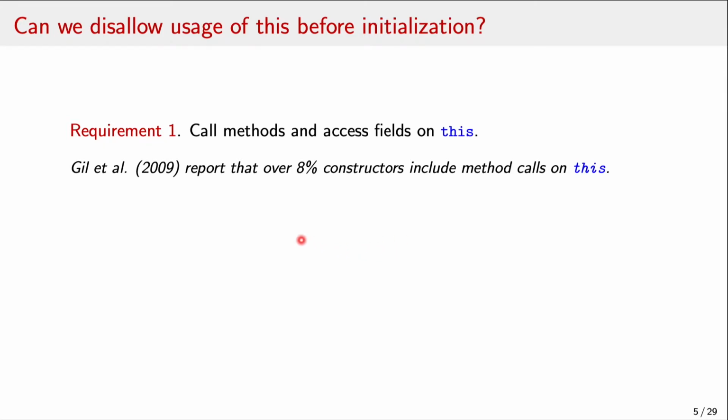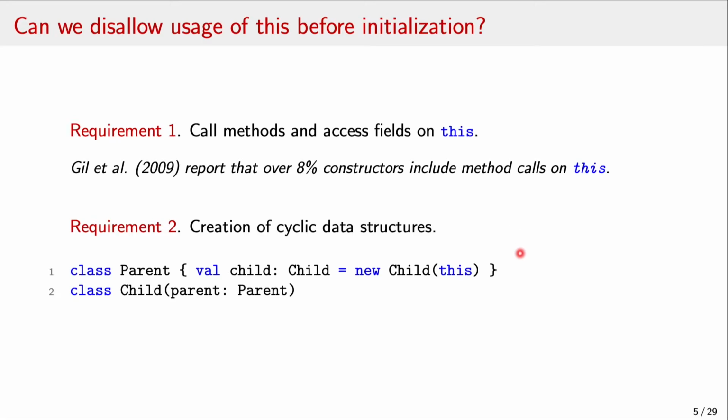The need to call methods on this is confirmed by an empirical study which reports that over 80% of constructors include method calls on this. The second requirement is to alias this to create cyclic data structures, as this program demonstrates.